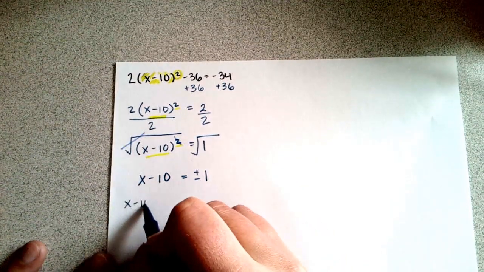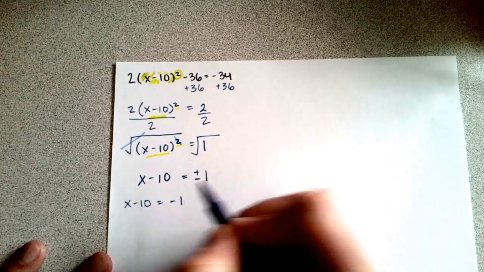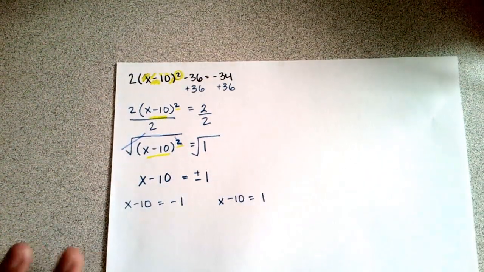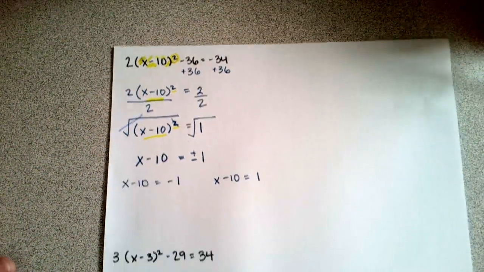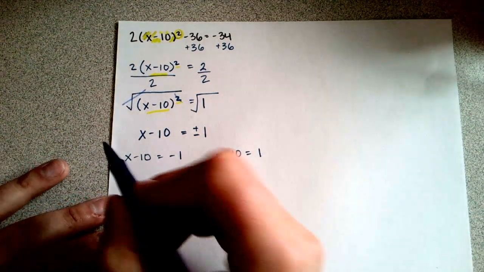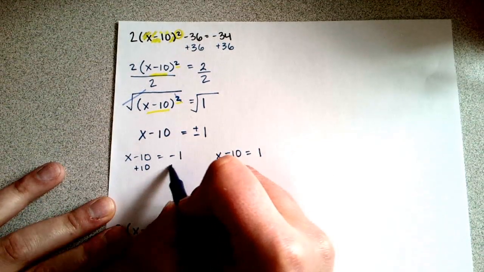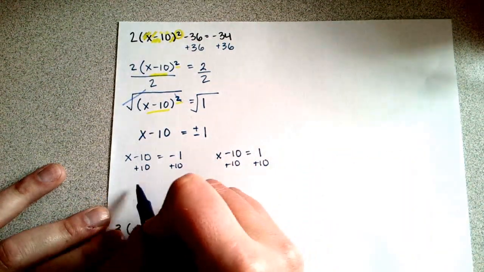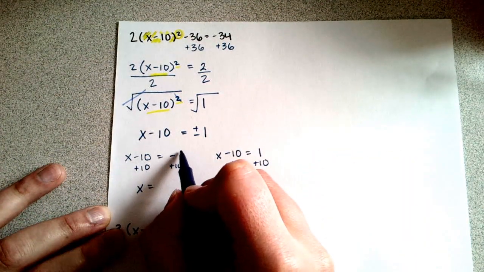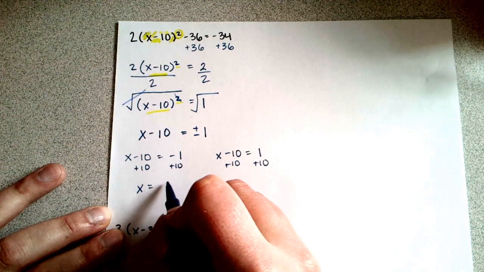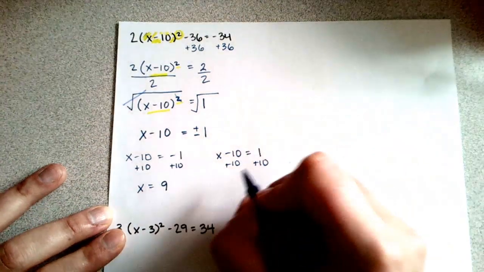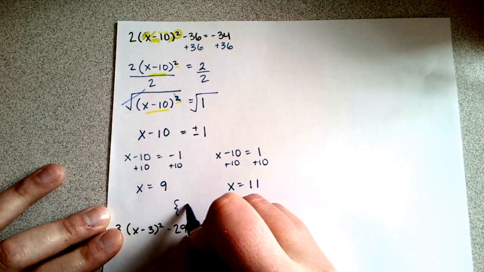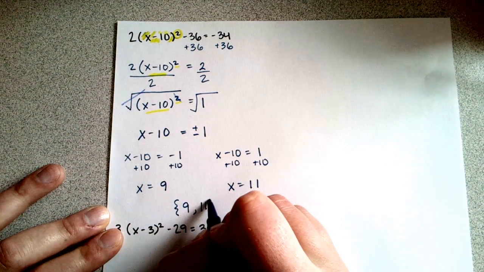One equation equals negative 1, and one equation equals positive 1. Now we can solve each of those equations for x by adding 10 to both sides. What we get on the first equation is 9, and on the second equation is 11. So our two solutions are 9 and 11.